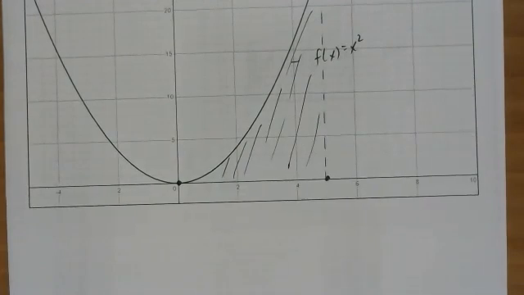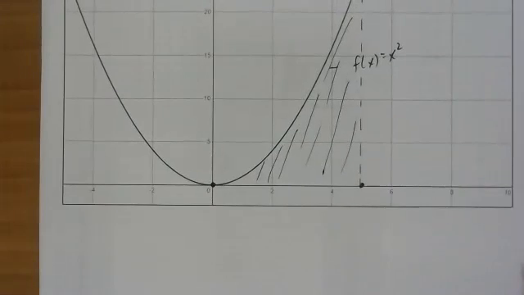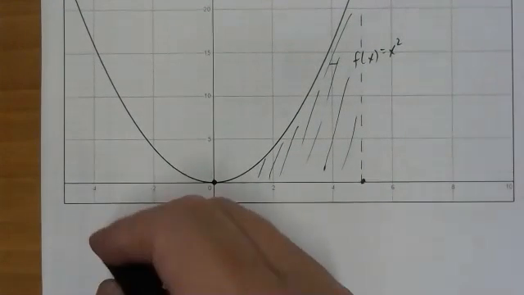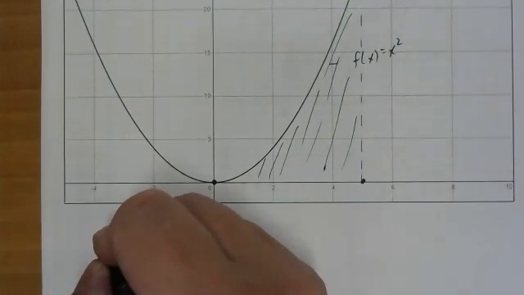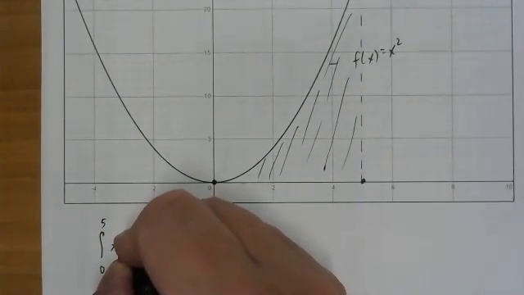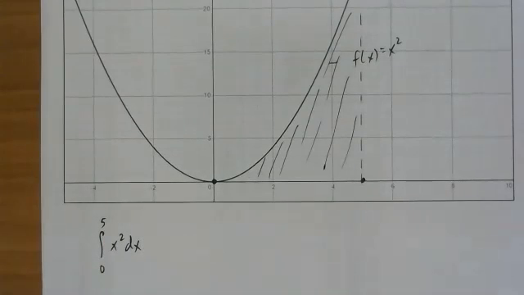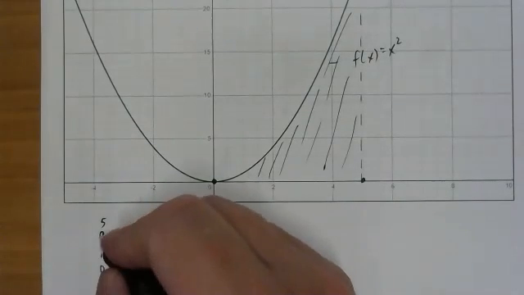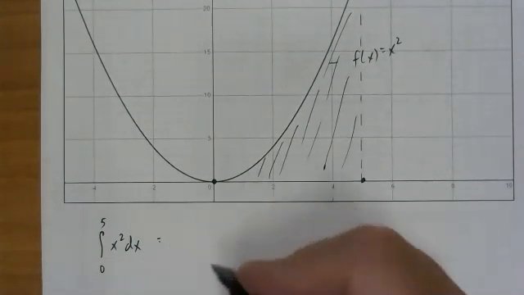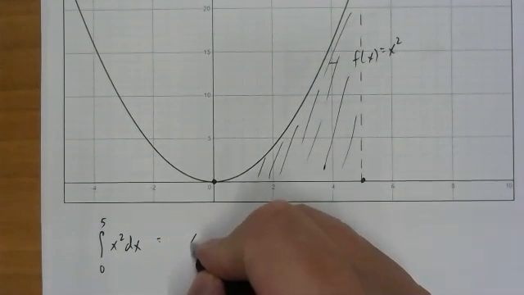Matter of fact, I could probably just do it right here. So this is a definite integral because we have both a lower and upper limit here. The integral of x squared, pretty straightforward, right?